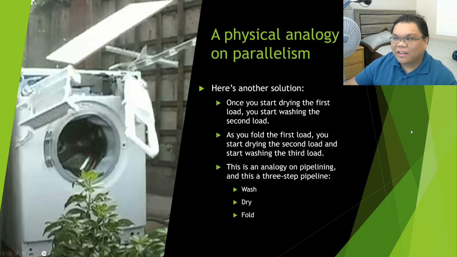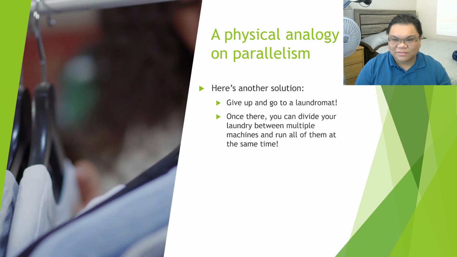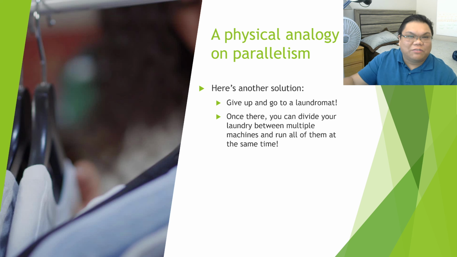There is another solution. Give up and go to a laundromat. Once there, you can divide your laundry between multiple machines, and you can run all of them at the same time. Of course, then after, you can have a situation where you have 5 loads of laundry finishing at the same time, and then you might have to move each one by one to 5 separate dryers, and then wait for those to dry.